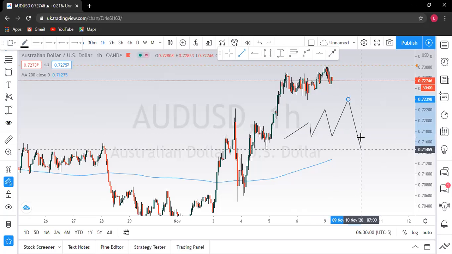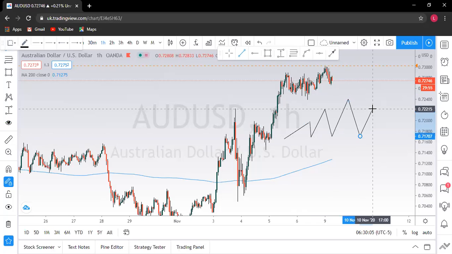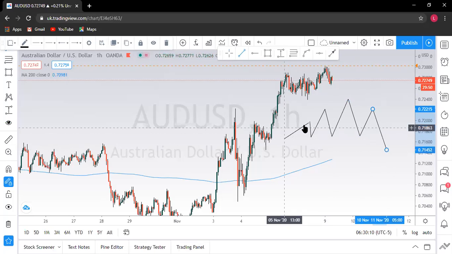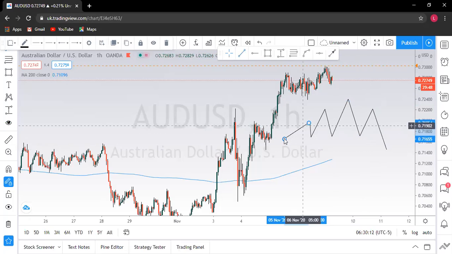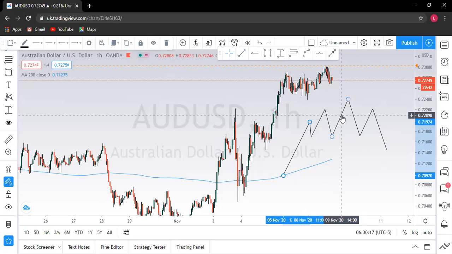Then it goes back to form a lower high. Then the next thing is a lower low. So this is what we call head and shoulders, and this is for an upward trend. This is telling you that the upward trend is actually about to end.